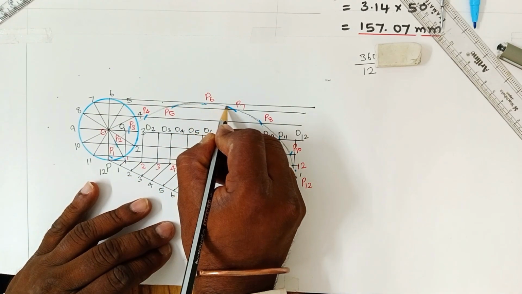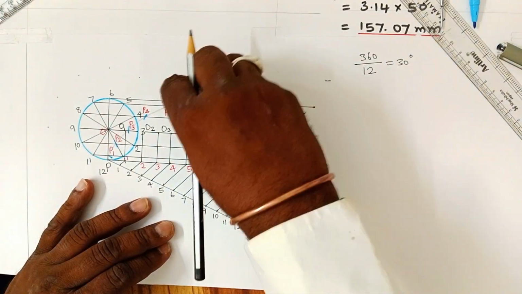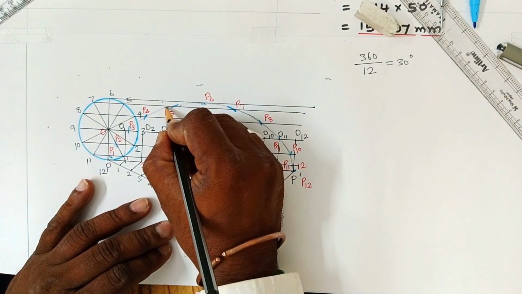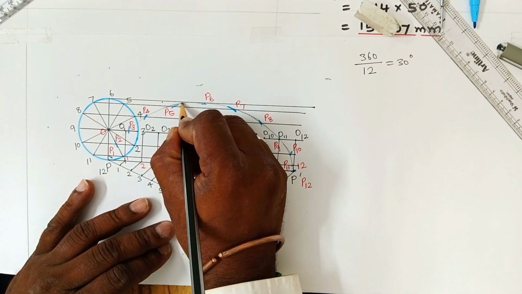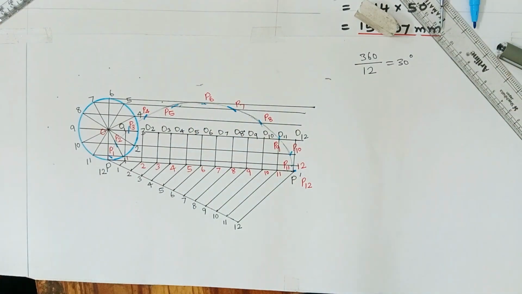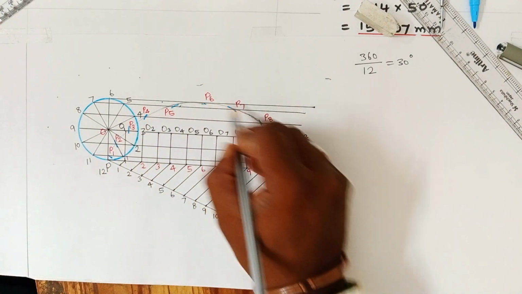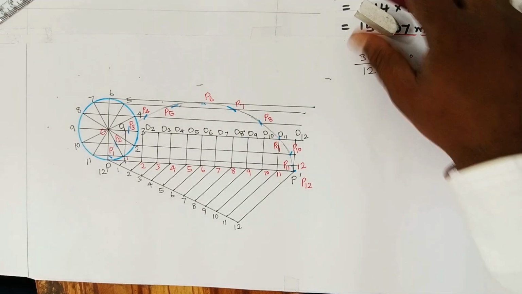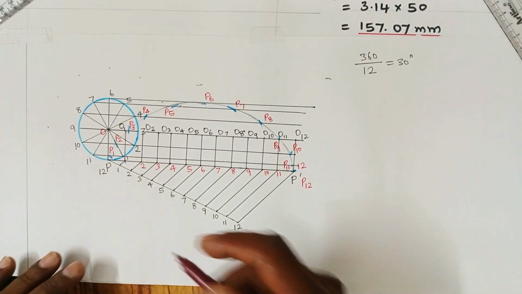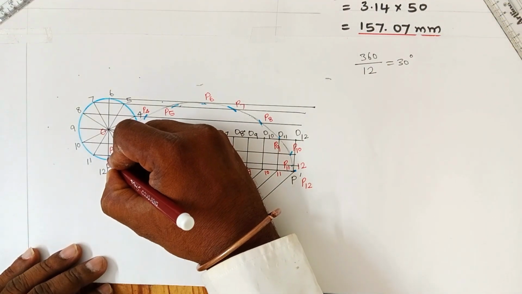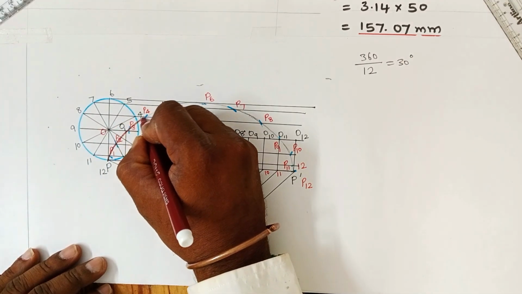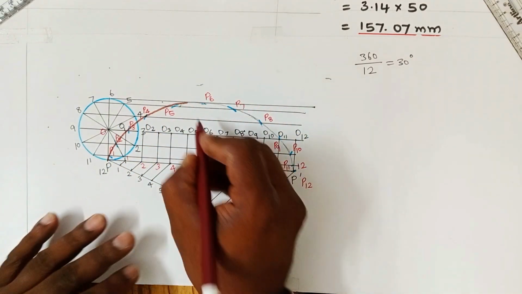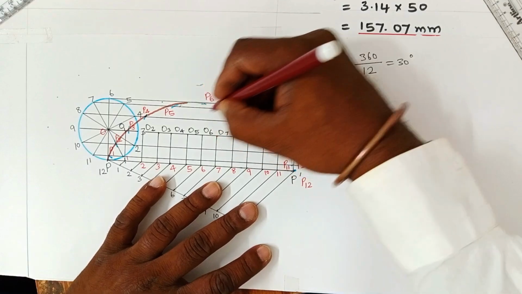Then later, you can make it dark. This profile is called a cycloid of a circle. So I use a different color for visibility, starting from P with P1, P2, P3, P4, P5, then on the other side.